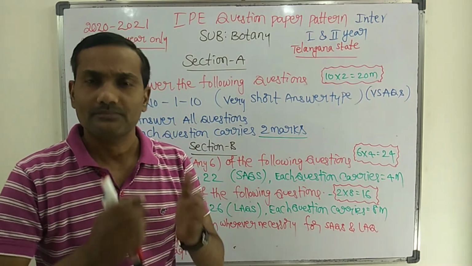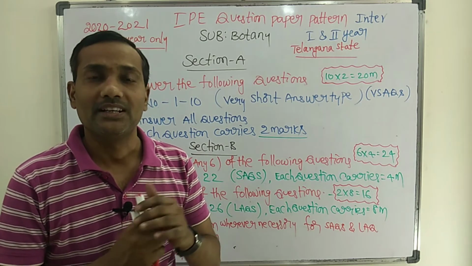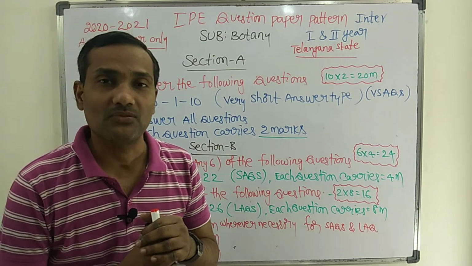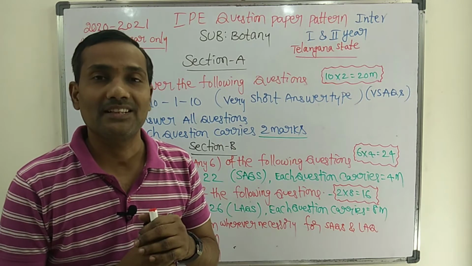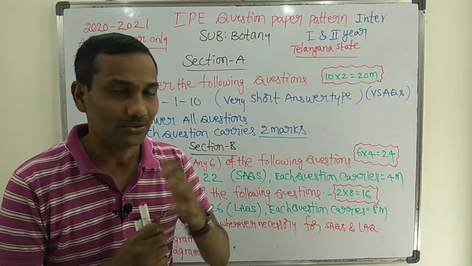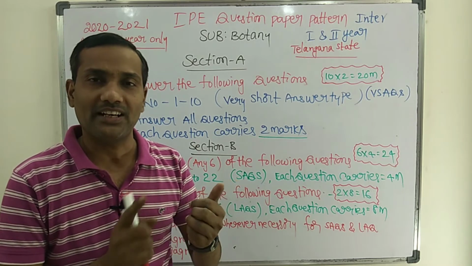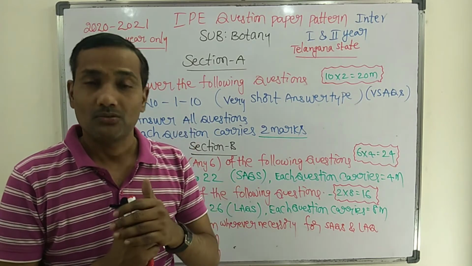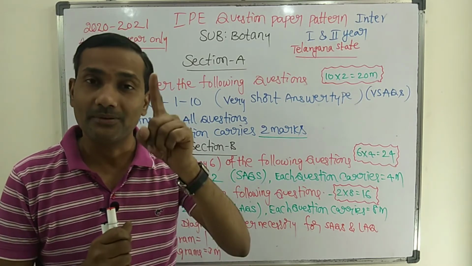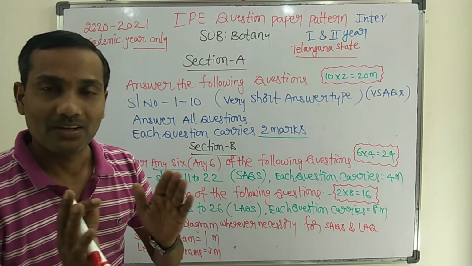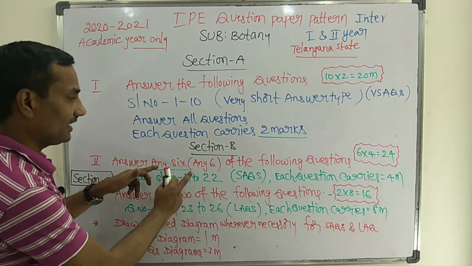For example, describe the various types of chromosomes based on the position of the centromere: metacentric, submetacentric, acrocentric, telocentric. If you draw those 4 chromosomes, you get only 1 mark.